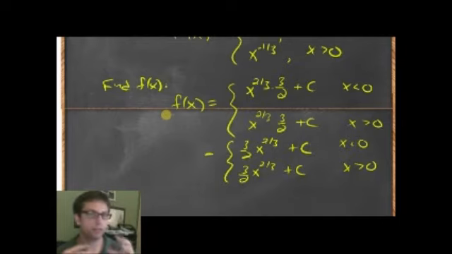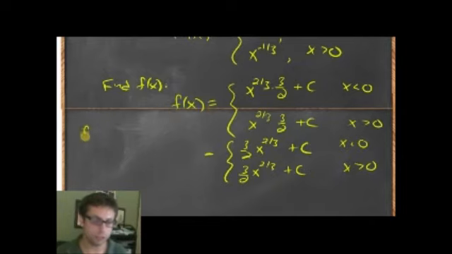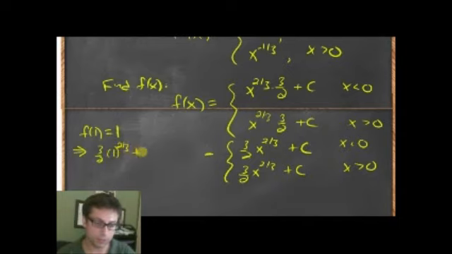Now that you have your antiderivative, you're going to plug in your two initial conditions. One initial condition was that f of 1 equals 1. Right here, x is 1, so we're going to be using this function here. So if f of 1 equals 1, then you're going to get 3/2 times 1 to the 2/3 plus c equals 1.